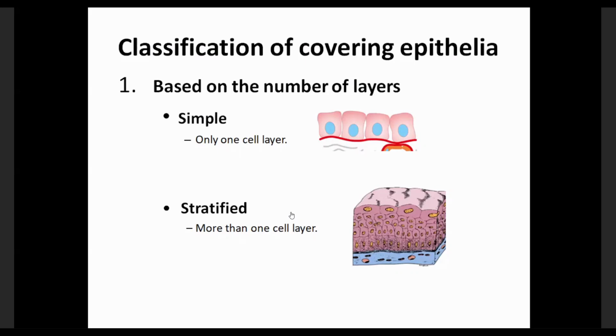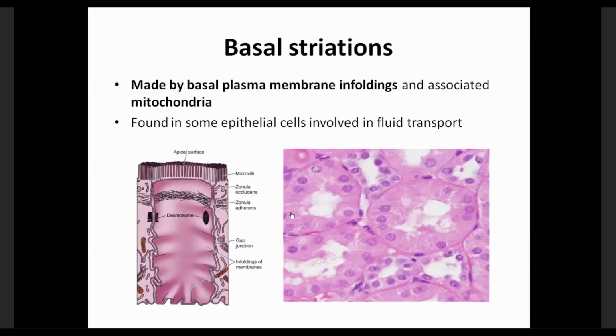So the remaining time would be devoted to covering epithelium and then those involved in secretion. So far, I have told you just briefly what you need to know about the special, unique features of epithelial cells in making epithelial tissue.